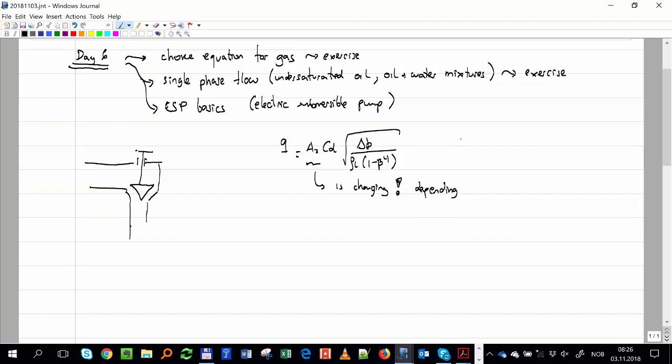It depends on the position of this part, how do we call this? The stem, the valve stem.